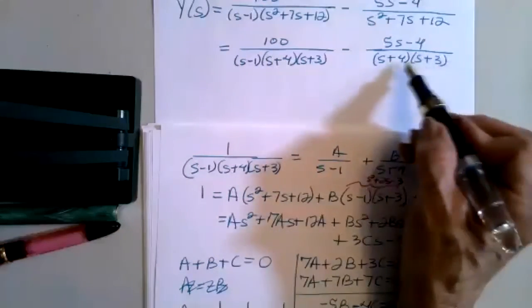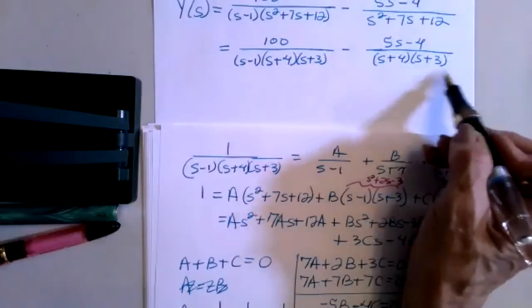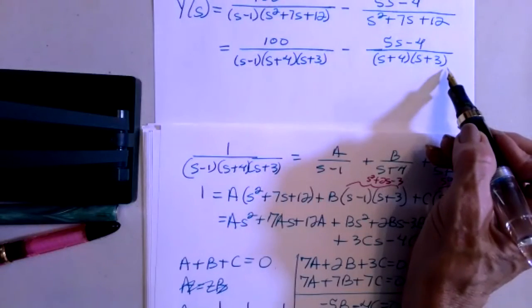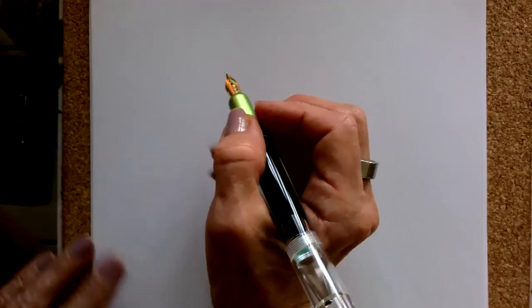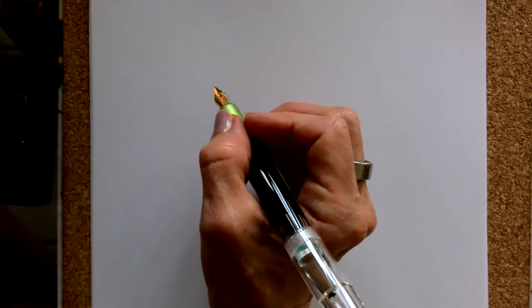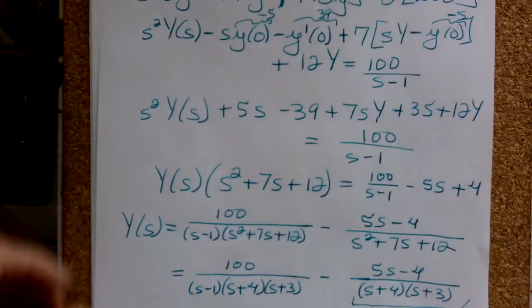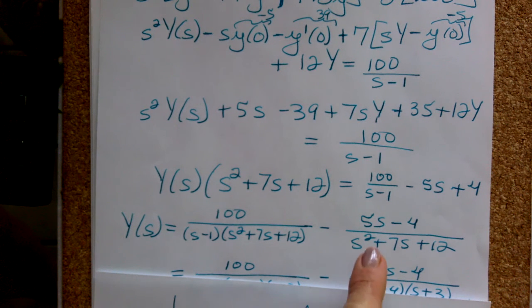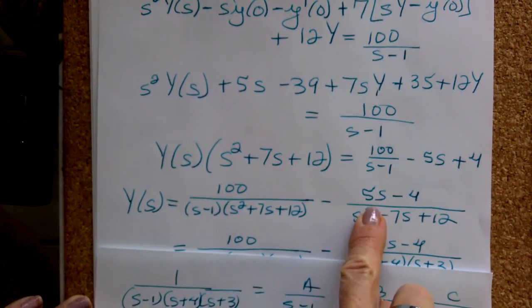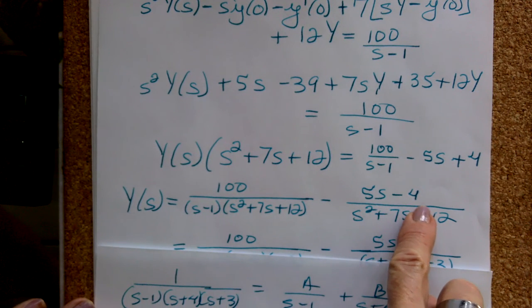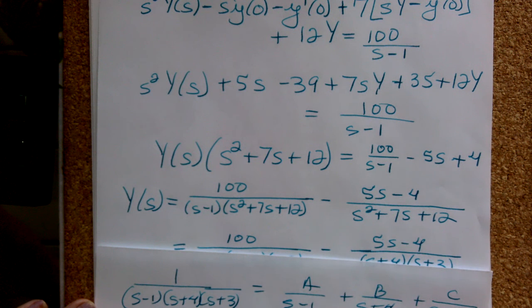And now for the second one, you have to do the same sort of thing. You have to do a partial fraction decomposition. And then, okay, the last part of the problem, what we have to do is go back and find the inverse Laplace transform of 5s minus 4 over this denominator.